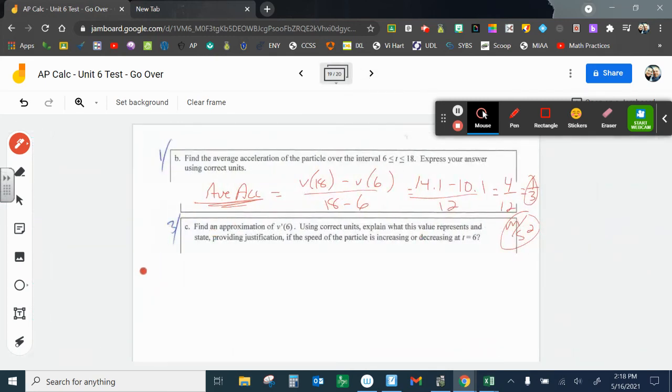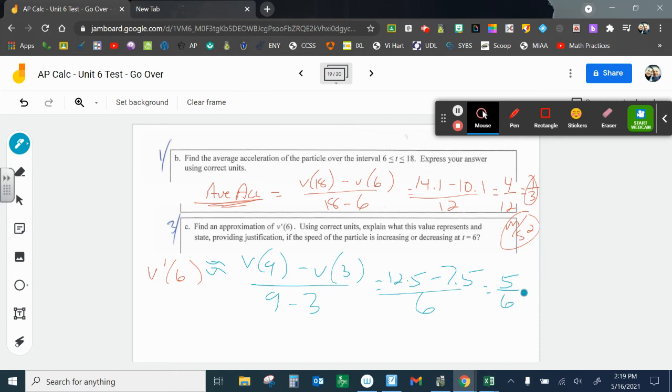So now v prime of 6 is going to be approximately equal to, let's do a little bit above first, v(9) minus v(3) all over 9 minus 3. So we're using the slope of the secant line as an approximation for the slope of the tangent line. And this is going to be 12.5 minus 7.5 all over 6. And this ends up being 5 over 6.